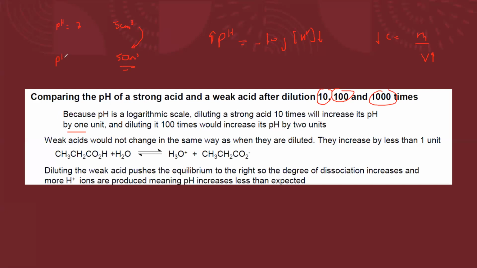So if the dilution factor is 10 times, then what happened to the pH? The pH will increase by 1 unit, so pH will turn into 3.